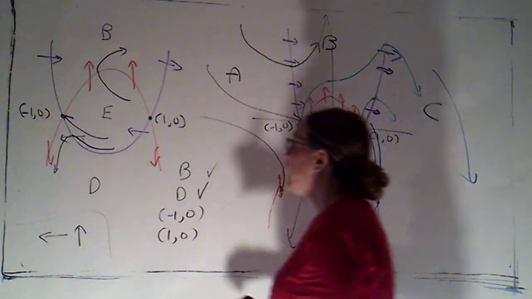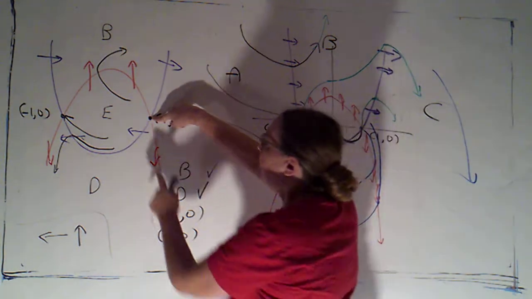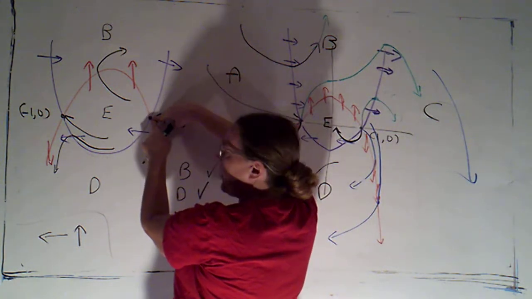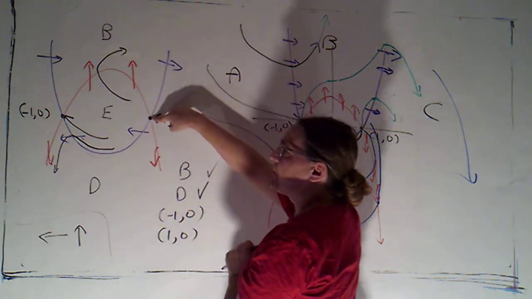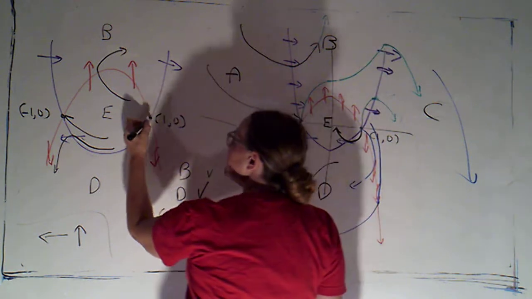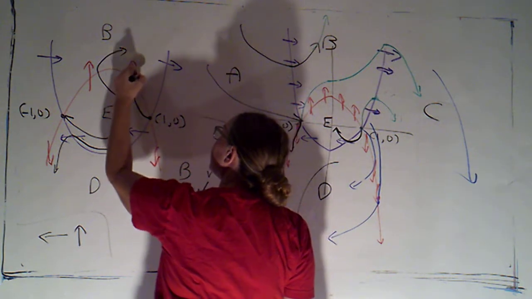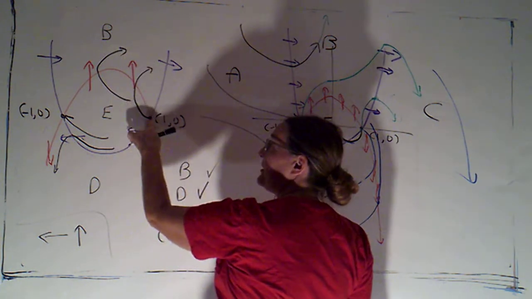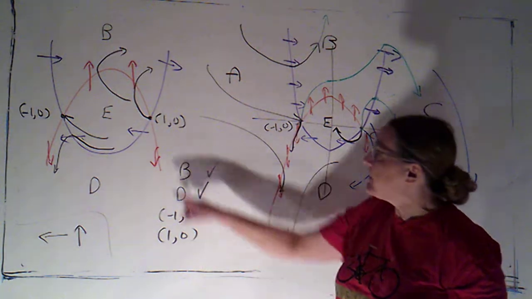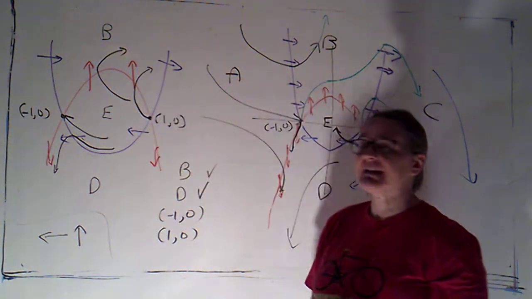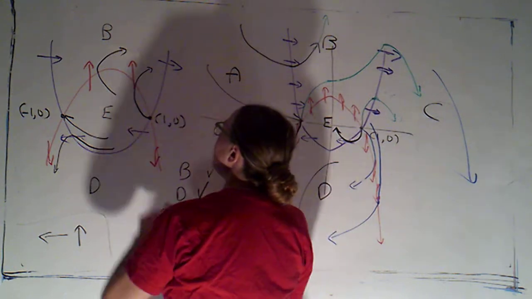Yes. Can I approach 1, 0? No. This is furthest to the right in E, and so there's no way I can go left and approach there. I can also see it would be possible for me to leave here. I could start here and go away from that point within E. Now, it's not necessary to show that because I didn't ask you to trace your solutions back in time.